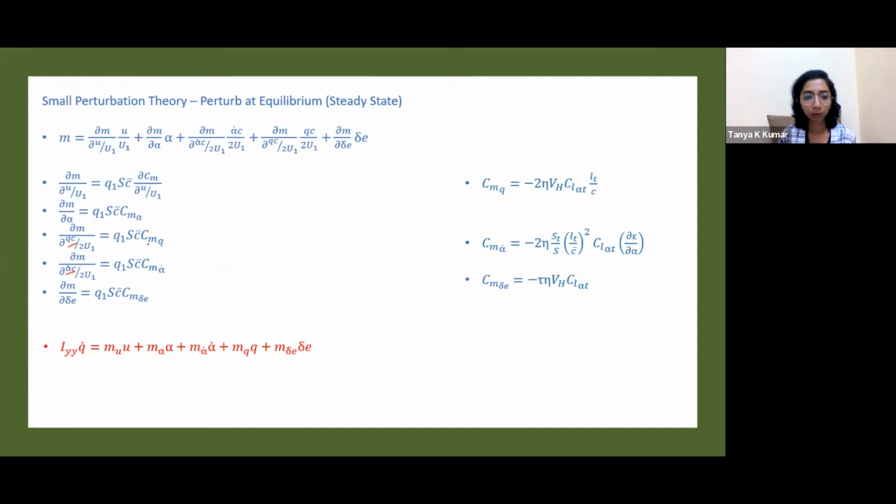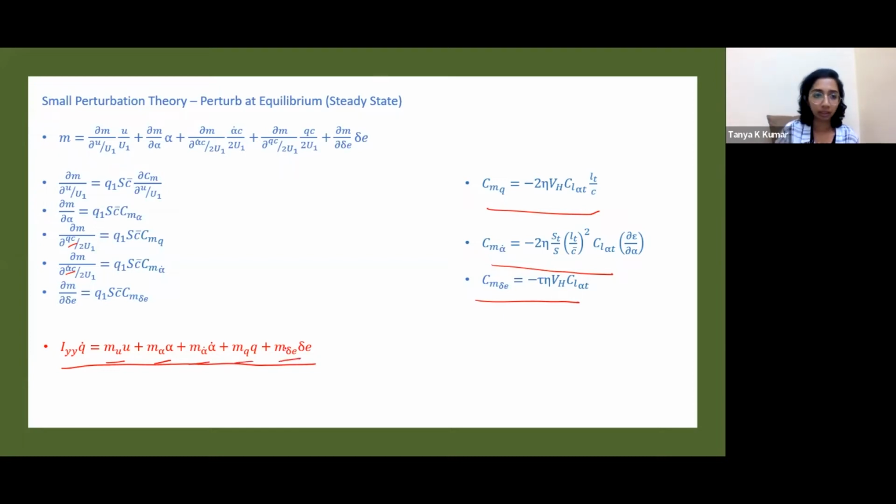And in those two terms, you have C_mq and C_mα̇, which are represented here. This, I think, is what is asked in your assignment. And C_mα̇. C_mδe we have been studying from before: control surface δe, how much deflection of your control surface, how it affects the C_m. All of this, you get this equation. Similar to the previous case, where you had Xu, Zu, you have Mu, Mα̇, Mq, and Mδe here.